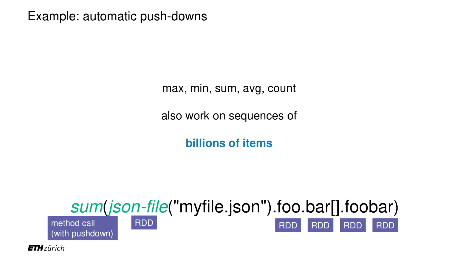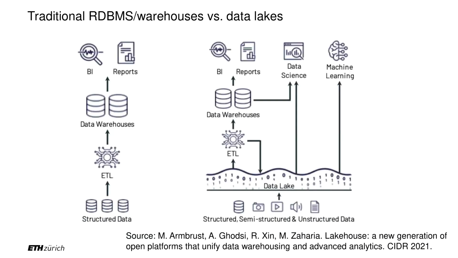And if you actually looked inside, you would realize the JSON file is created as an RDD, navigation as transformations on RDDs, and then sum is just going to be a method call because Spark has an action, called reduce, that is able to apply a sum or any binary operator to the sequence. So this works on billions, trillions, quadrillions of items in exactly the same way as it works with few items on your laptop.